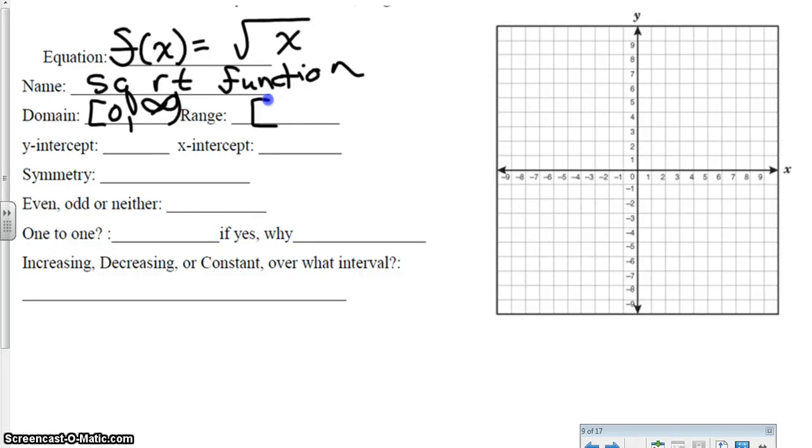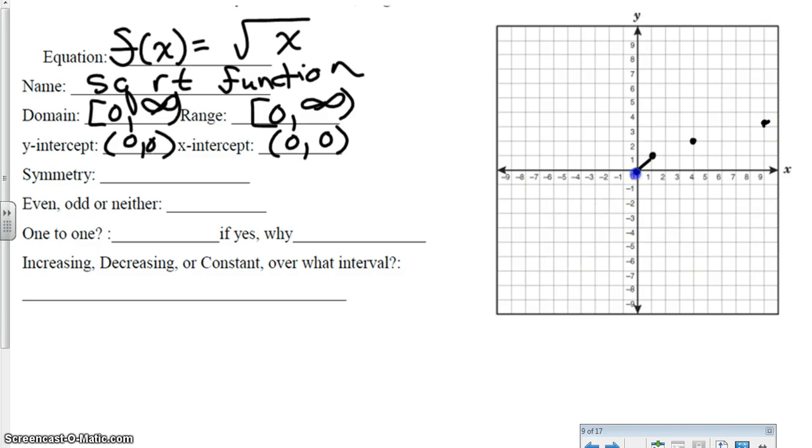The range will also look like this. The y-intercept, the x-intercept. Now, hopefully when you did this, you noticed something very special.